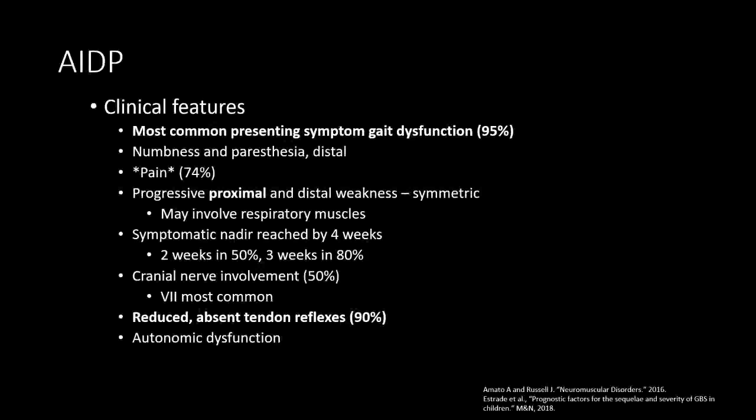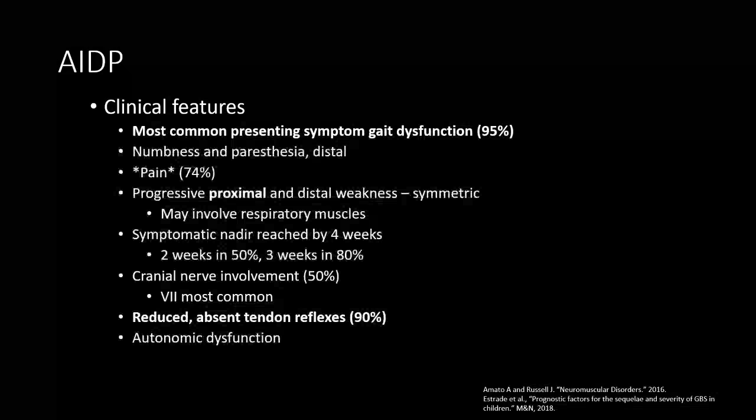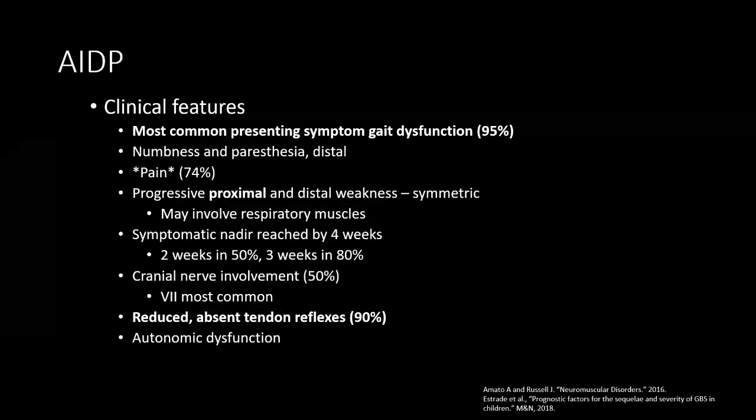The clinical features of AIDP are pretty consistent between patients. Most patients have some degree of gait dysfunction, and not being able to walk in children is the most common presenting feature. At some point throughout their course, 95% of children will have gait dysfunction.